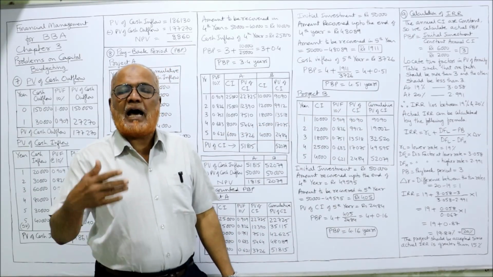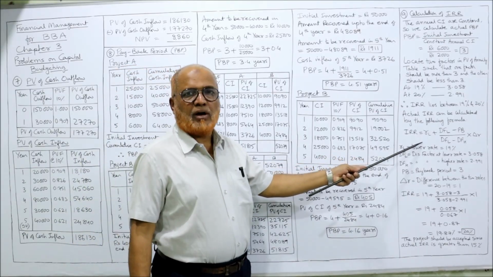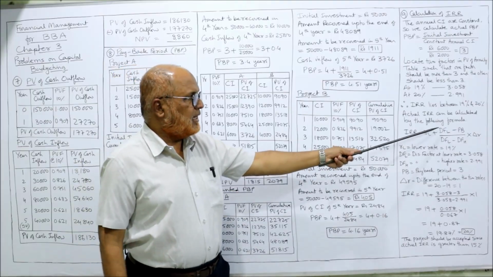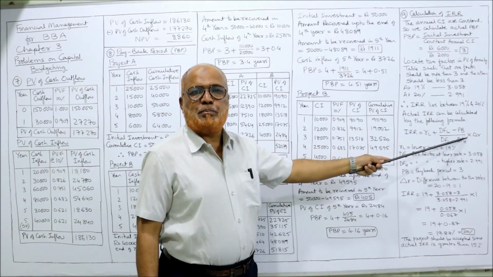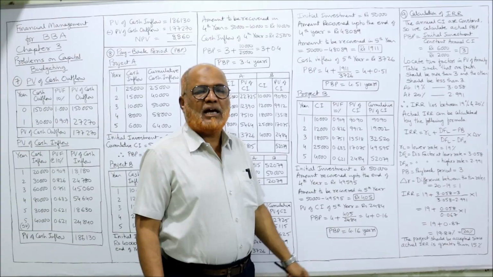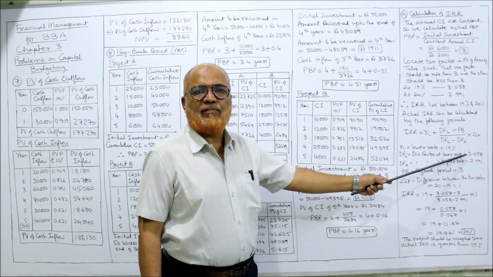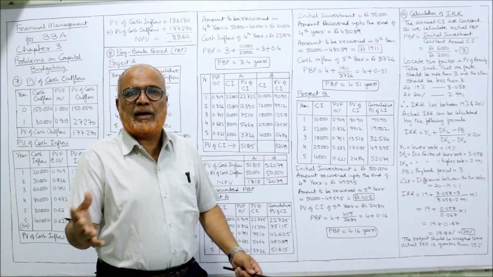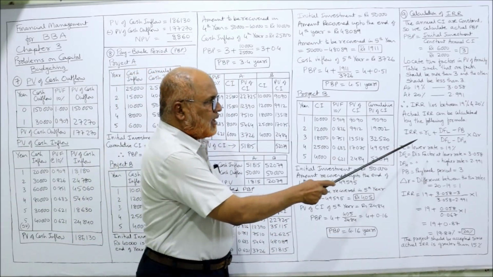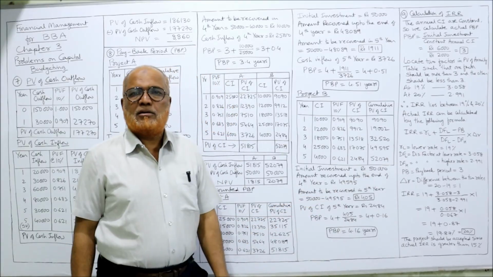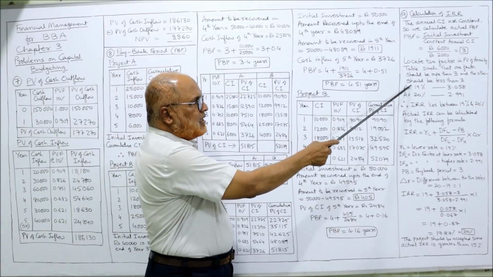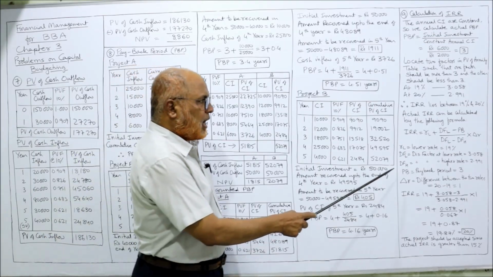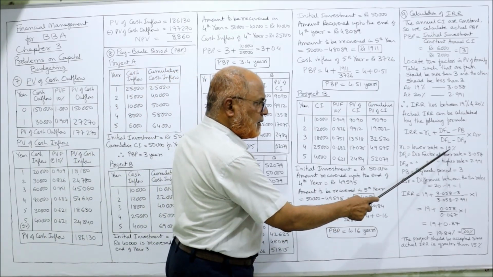So how to calculate the actual IRR? This is the formula. IRR is equal to RL plus DFL minus PB divided by DFL minus DFH, into delta R. Now I'll elaborate what this RL is. RL is equal to the lower rate. Two rates we have, 19% and 20%, and the lower rate is 19%. So RL is equal to 19% here.